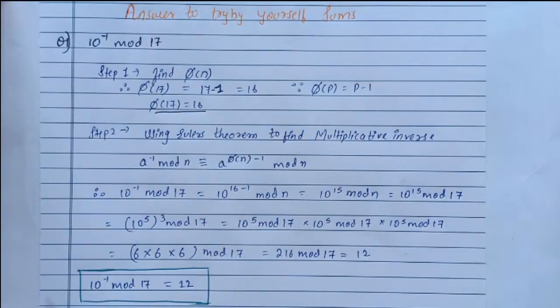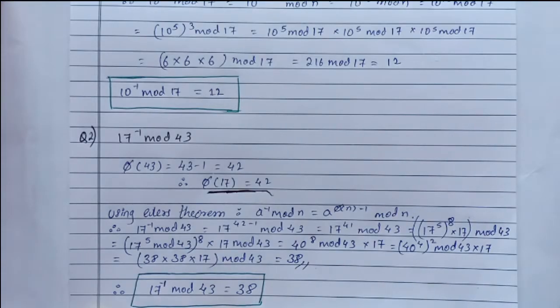Answer to question 1, that is 10 inverse mod 17 is 12, and answer to question 2, that is 17 inverse mod 43 is 38.